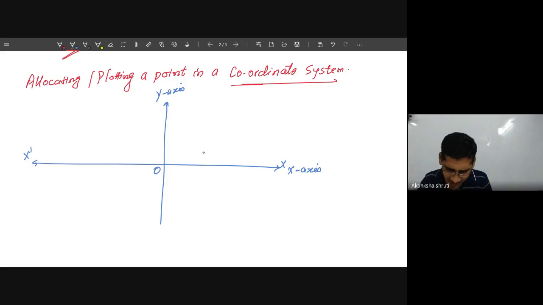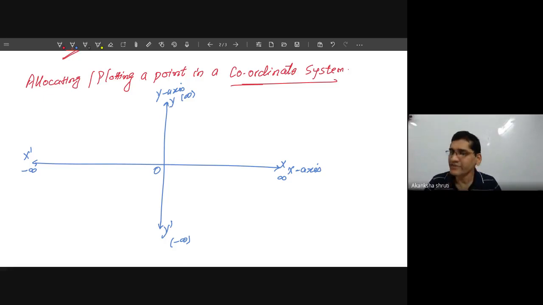Similarly, for the y-axis, the top end is y and the bottom end is y dash. Sometimes plus infinity and minus infinity are also written, for the y as well. So these are the various denotations; do not get disturbed by them.